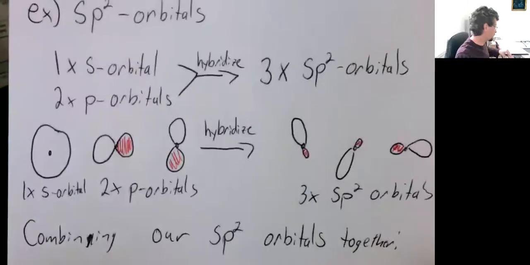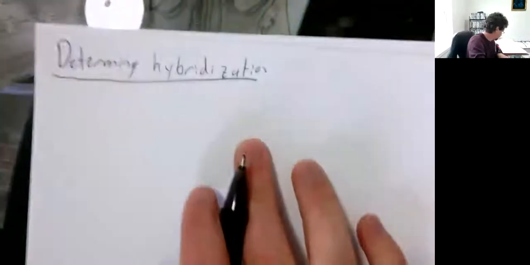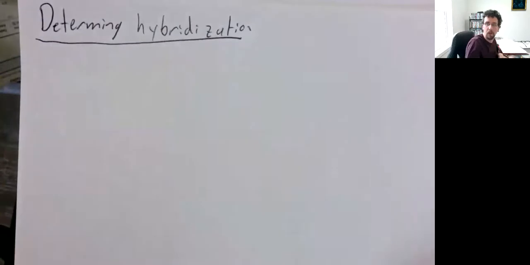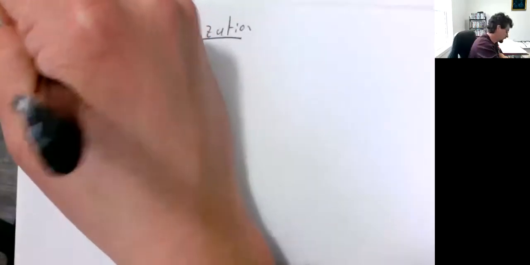So let's talk about determining hybridization. So it's based off of the electron pair shape, or some people call it the electron domain shape, and the number of effective pairs.